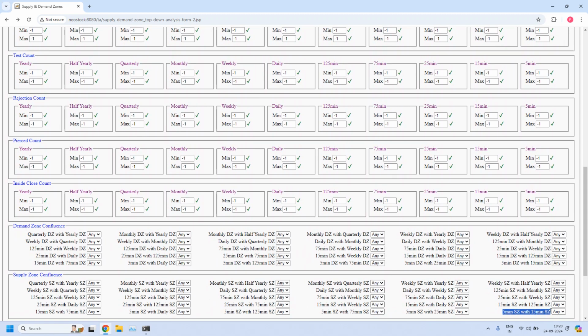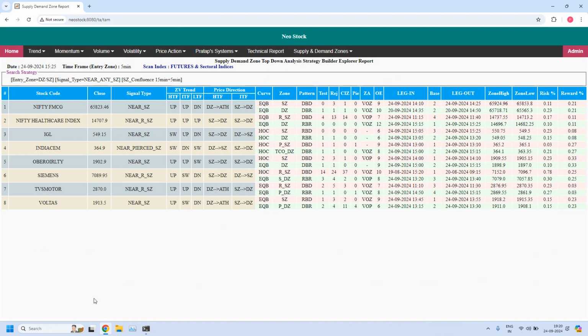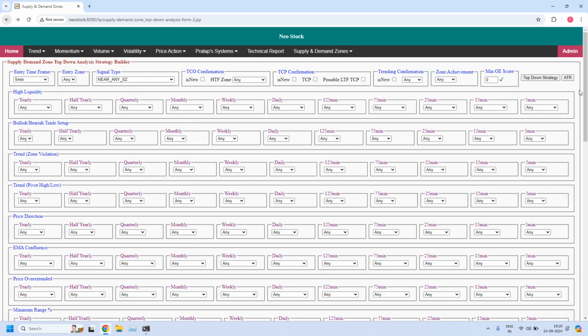So I'm enabling this filter. Let's verify. 8 stocks. All these 8 stocks are having ITF confluence. That means 5 minute supply zones are part of the 15 minute supply zone. Let us also verify LTF, ITF, HTF confluence because the list is big.